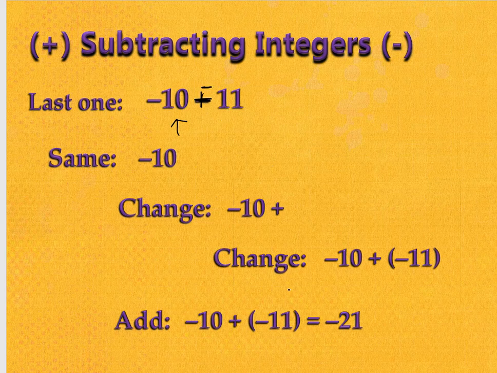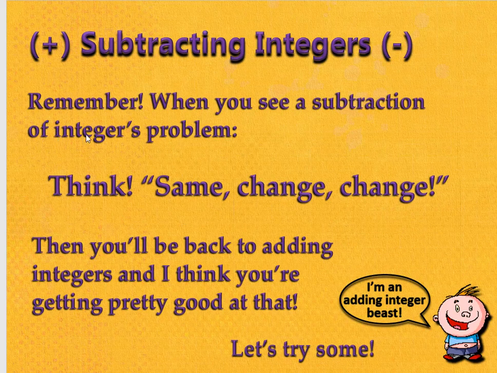So that leaves us with a negative 10 plus a negative 11. So if you owe $10 and you owe $11, obviously you're going to owe, and to figure out how much, you add 10 and 11 and you get 21. Okay, so just remember, when you see a subtraction of integers problem, you're going to think same, change, change. That will put you back to adding integers, and I think you're getting pretty good at that.